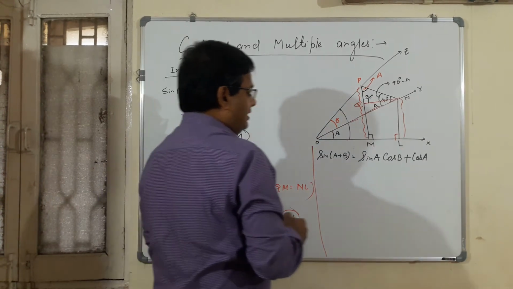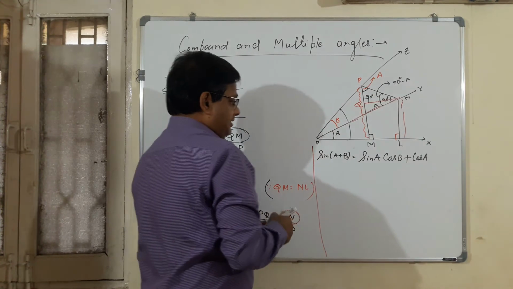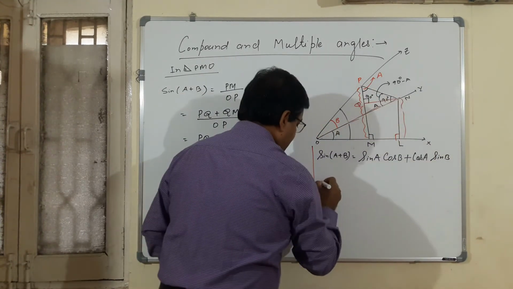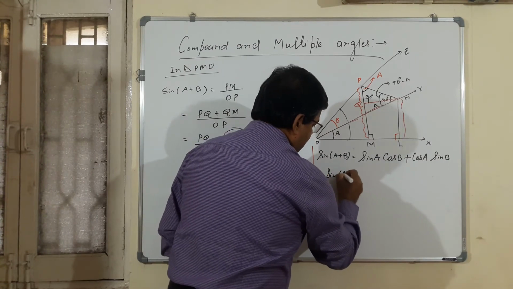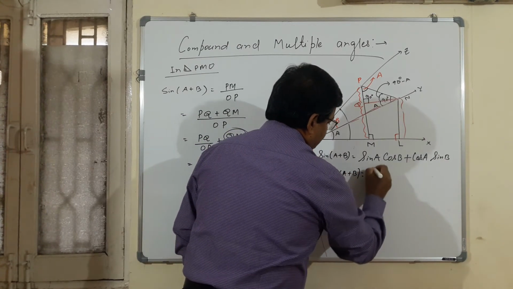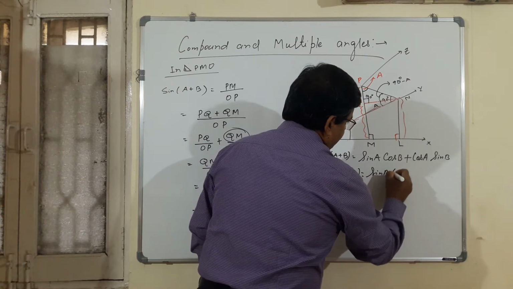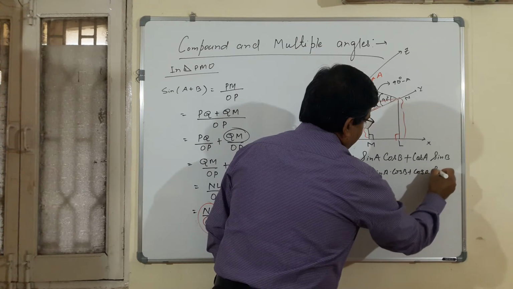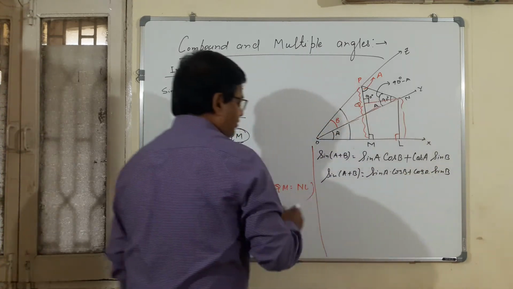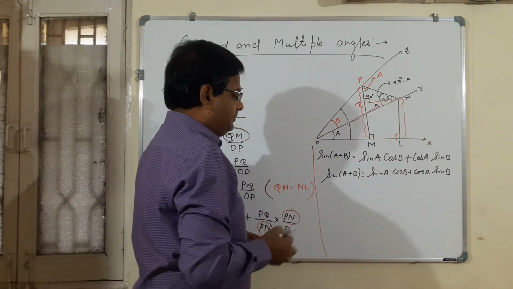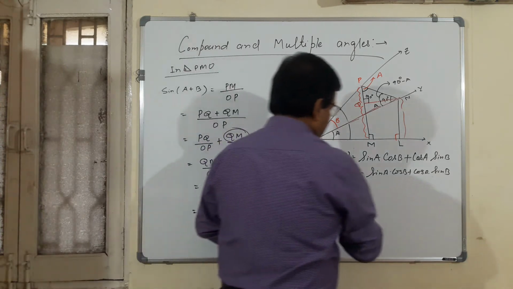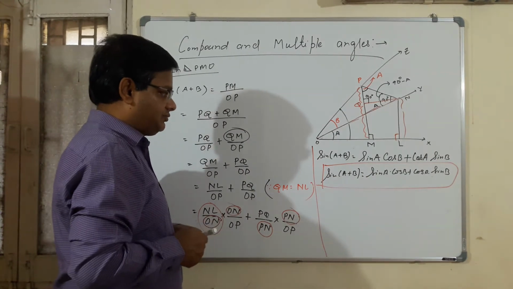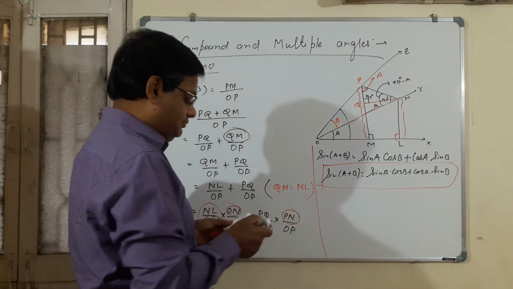So this one becomes sin B. It means sin A plus B is equal to sin A into cos B plus cos A into sin B. This is the formula of sin A plus B: sin A into cos B plus cos A into sin B.